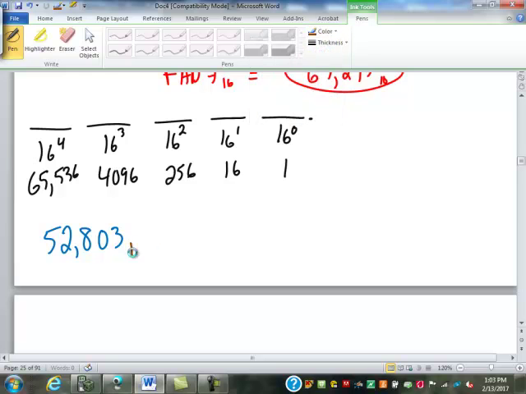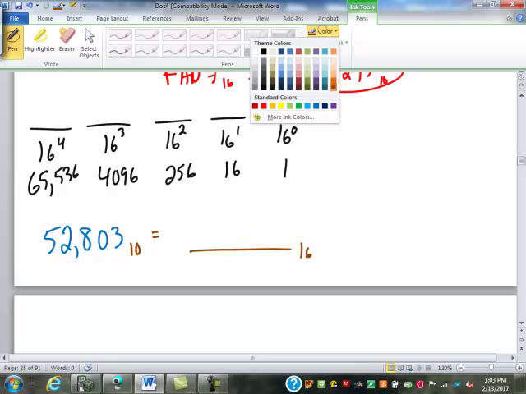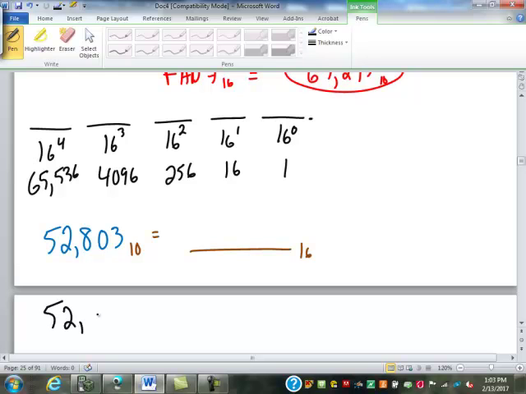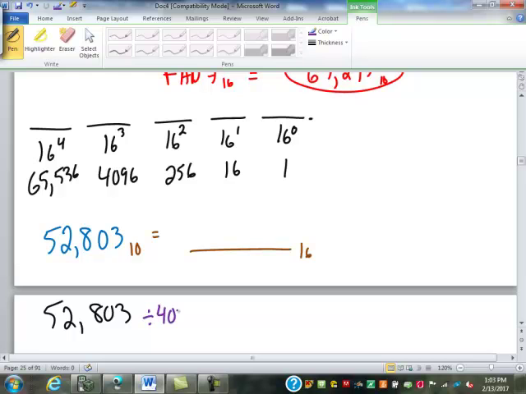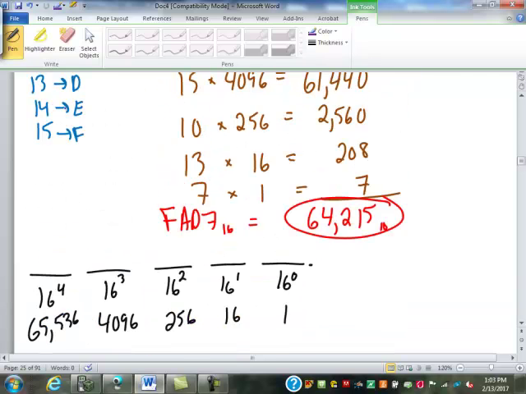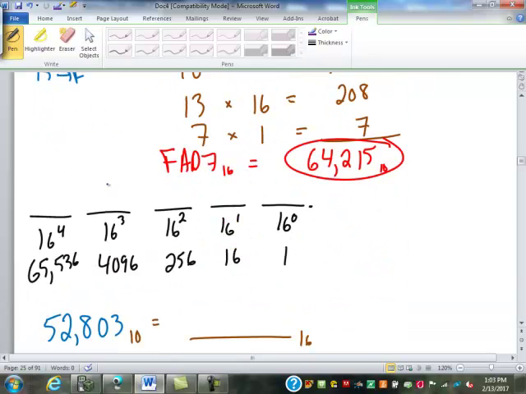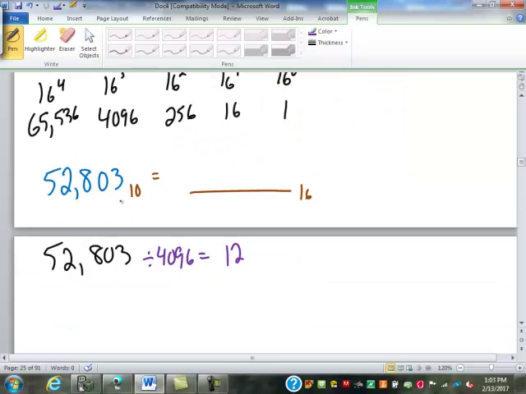And I want to convert it into hex. Perfect. We're going to start out dividing by the 4,096. So 12. So 12 is the letter C. So 4,096 times 12 subtracted back out, what does that leave us with? 3,651.